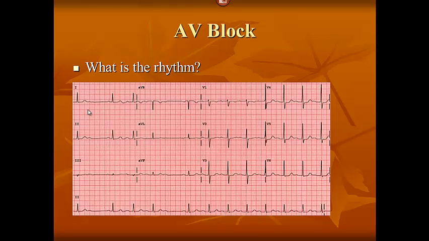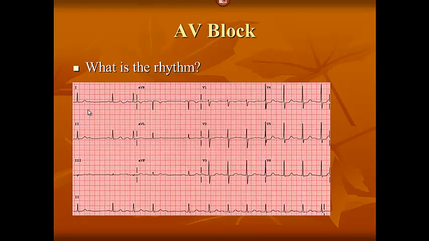Unlike first degree AV block, the 1-to-1 ratio of P wave to QRS is not maintained. Second degree type 1 AV block is specifically characterized by increasing delay of AV nodal conduction until a P wave fails to conduct through the AV node.